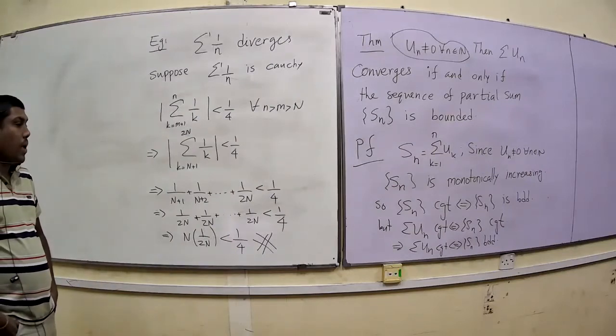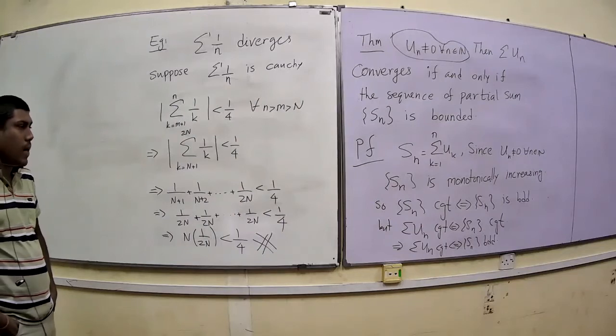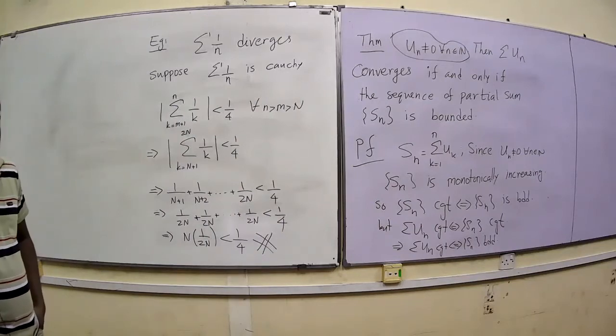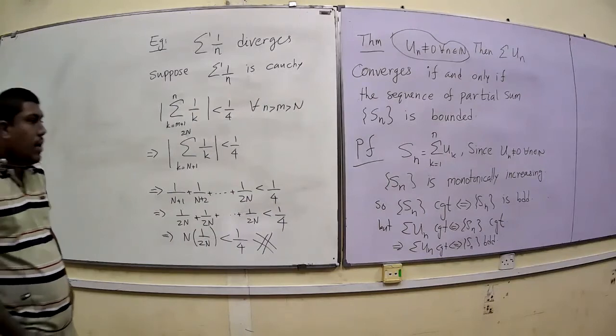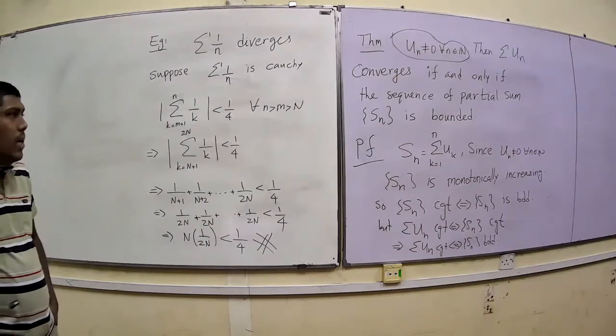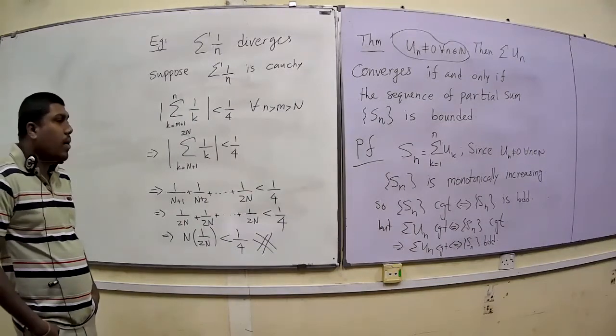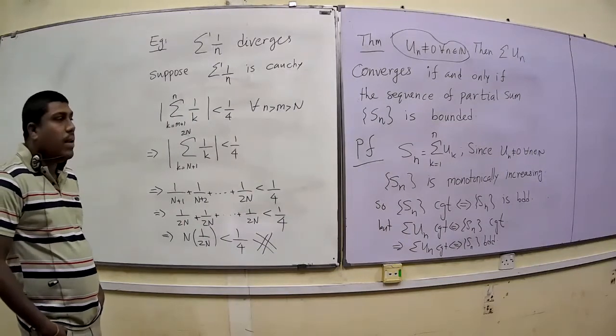Basically, in sequences you have three results. One is the monotone convergence theorem, the other one is the Cauchy sequence, and then you have the regular limit. For all three results, you have an equivalent condition for the series as well.